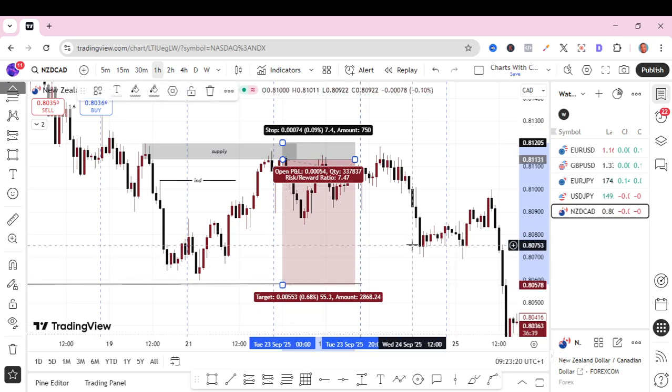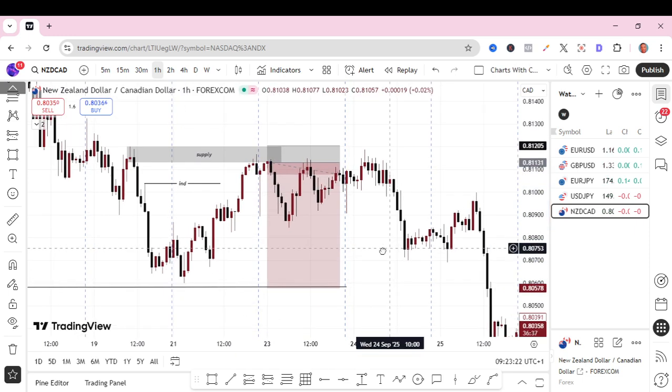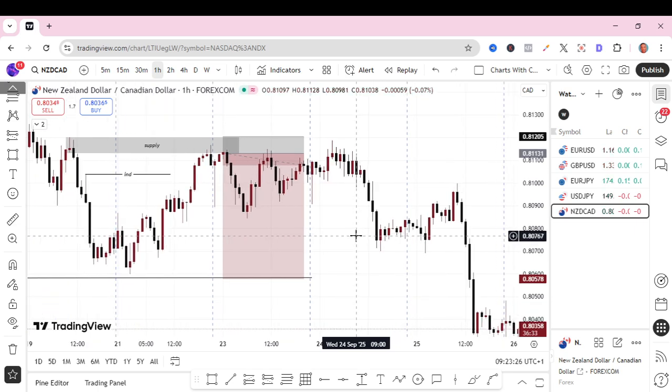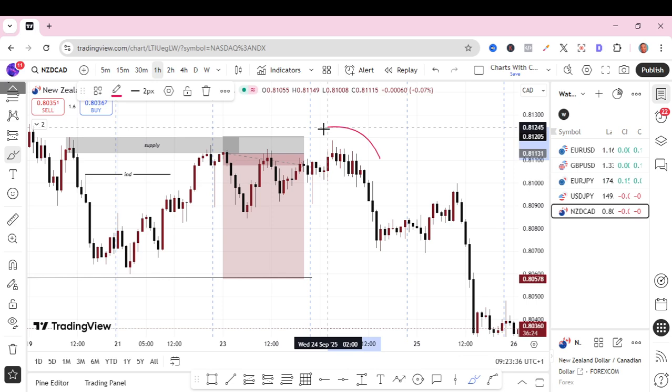But if I was to be less aggressive, I would have waited for price to give me a bearish intention, and this was where price started giving the bearish intention here. This zone, let me show you.